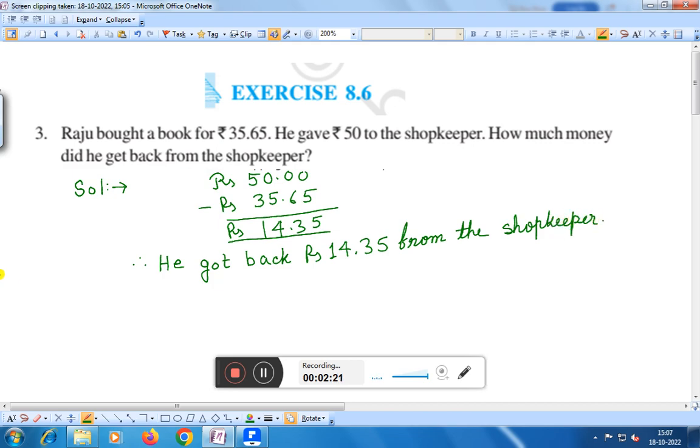Right? That means he got back rupees 14.35 from the shopkeeper.